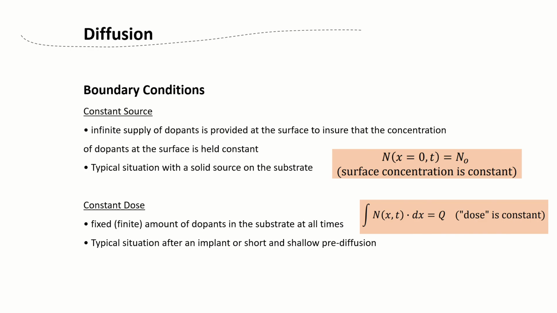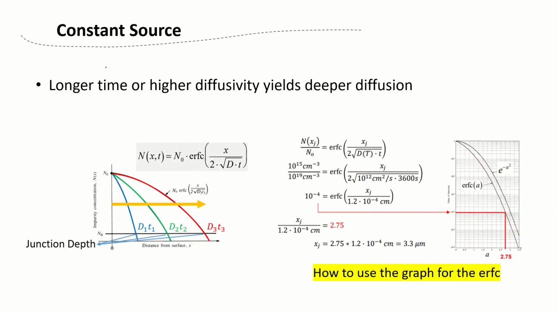There are two boundary conditions for diffusion. First is constant source, where the surface concentration is almost constant. Constant dose means that only the dose is constant; the surface concentration will not be constant. Let's go for constant source first. Longer time or higher diffusivity will yield deeper diffusions. Longer time is t, and higher diffusivity is D1. Since it's a constant source, the surface concentration will be constant.